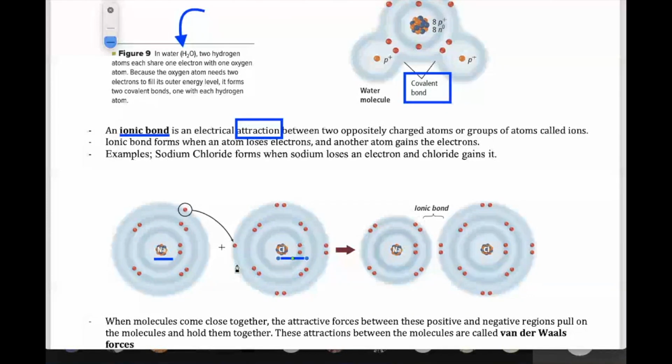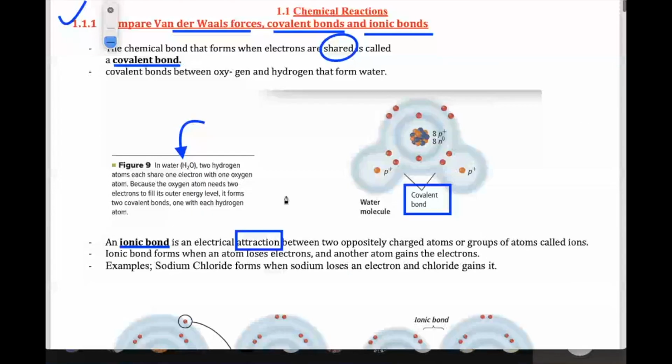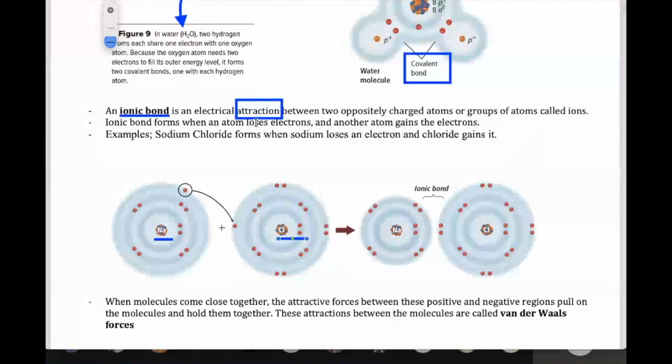If there is attraction, they don't share, but there is a transfer of electrons. So we will say that an ionic bond forms when an atom loses and another atom gains. Simply, this is transfer of electrons. There is no sharing of electrons.